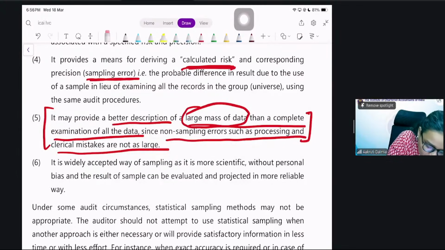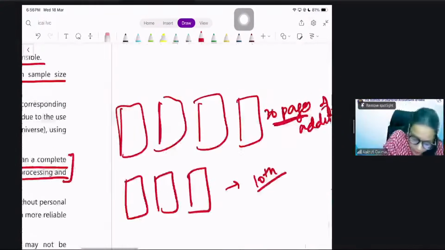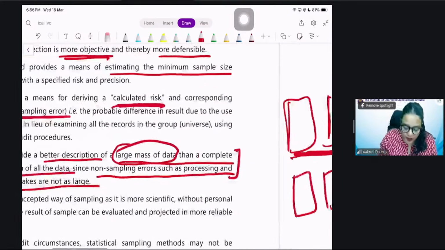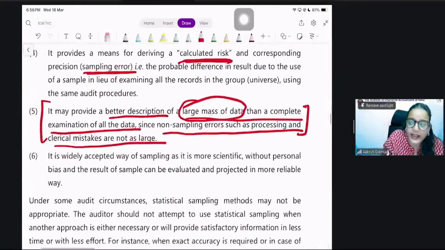So what does it say? It may provide, see, we are just doing probability theory, so it may provide a better description of a large mass of data than a complete examination of all data. Because what happens when we check everything? When we fully verify a large mass of data, what errors can happen?